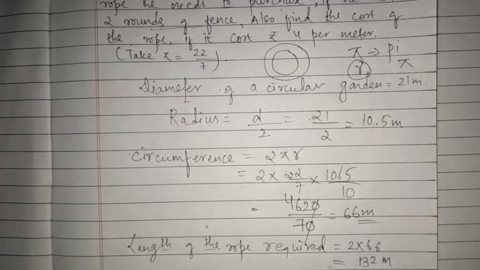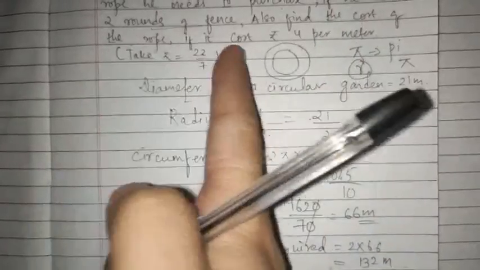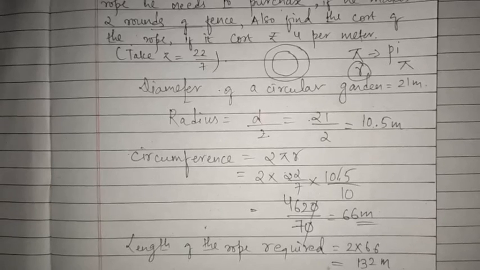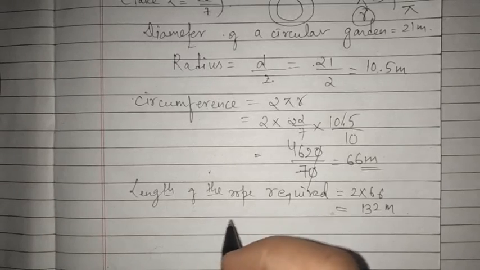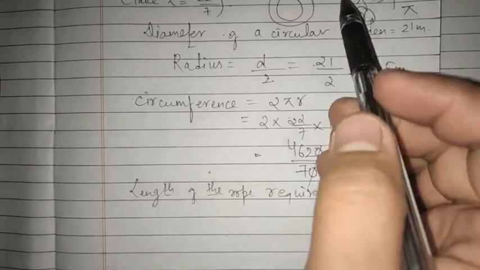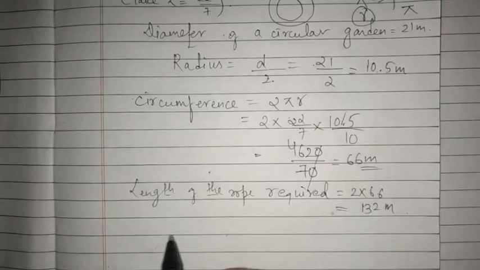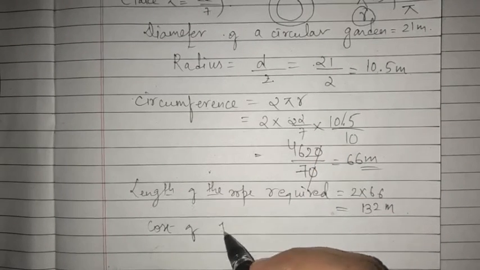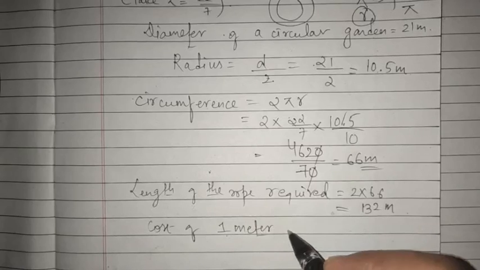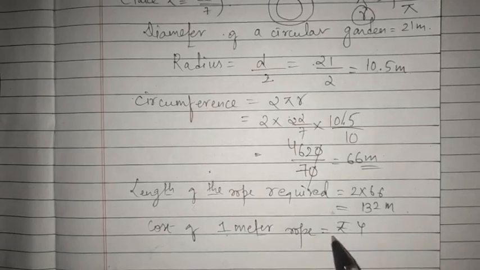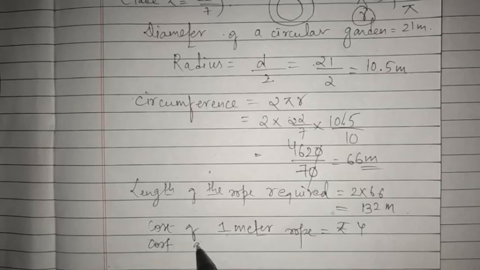Now what do you have to find? Find the cost of the rope if it costs 4 per meter. Now you have to find the cost of this length. If the cost of 1 meter rope is rupees 4, then what will be the cost of 132 meter rope?